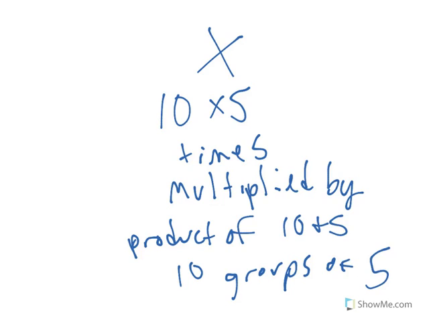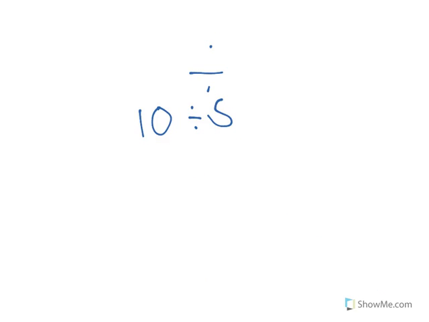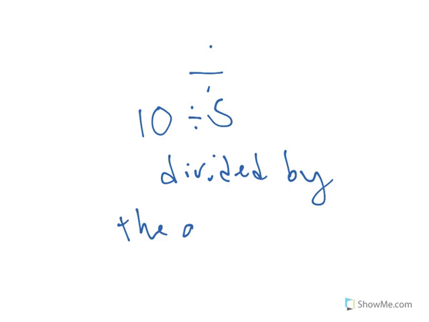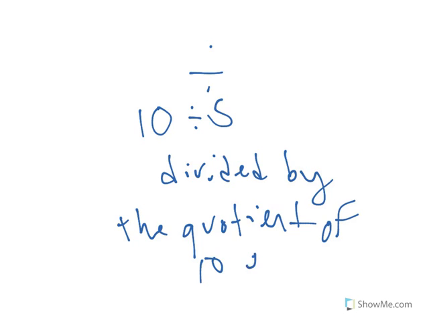So let's go to division. We use the same numbers. 10 divided by 5 is the problem. So we can say just 10 divided by 5, or we could say the quotient of 10 and 5. So that's a different way we can say division.